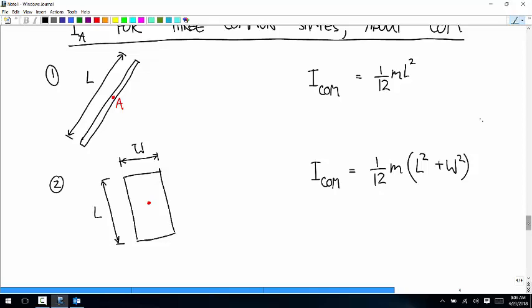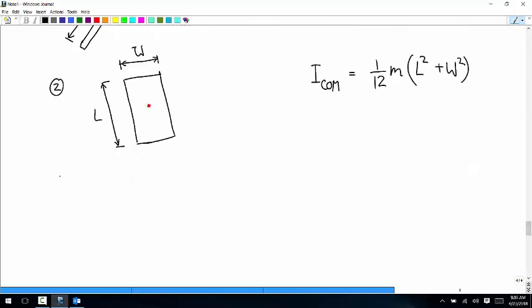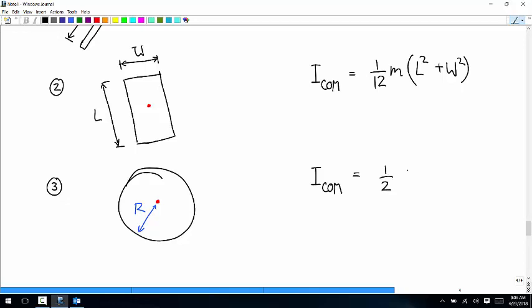And then the last thing we'll do is a circle rotated about its center of mass. The parameter is the radius. And the mass moment of inertia of a circle about its center of mass is 1/2 times m times r squared.